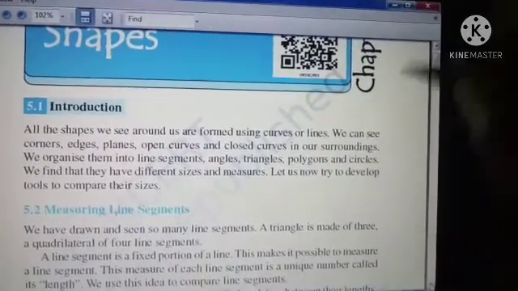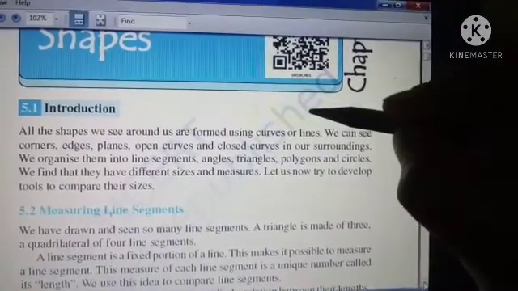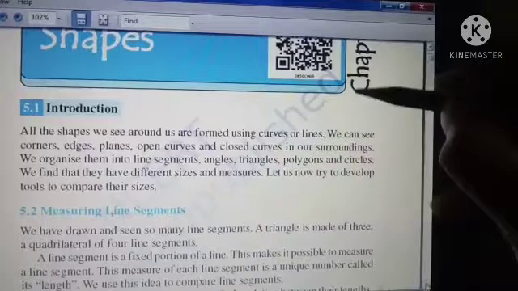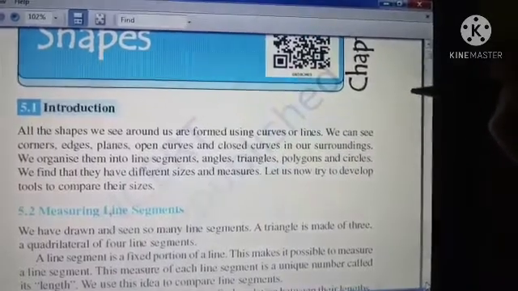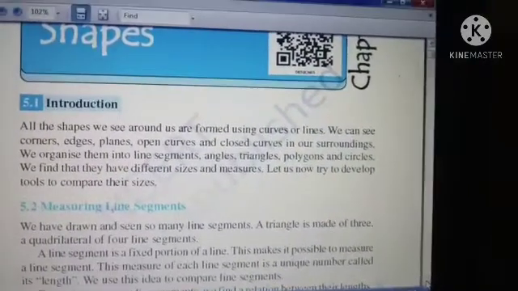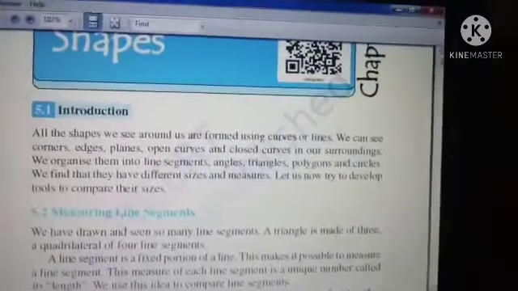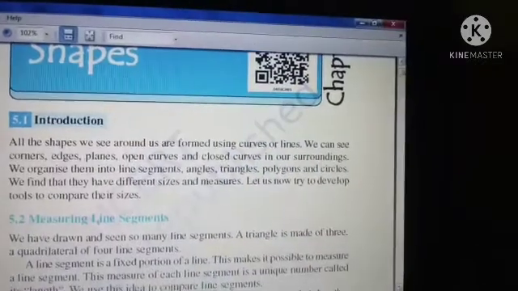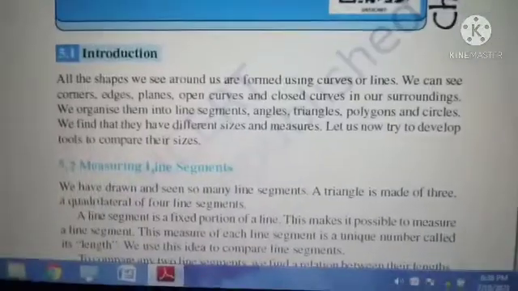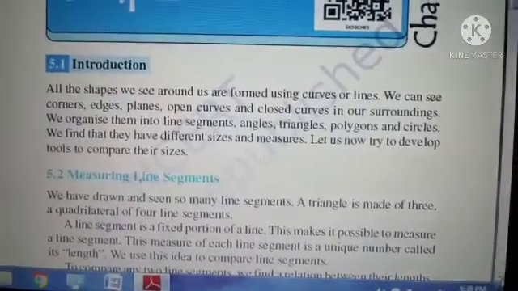Lines means it will be straight. Curves means it will have a starting point and you can draw whatever shape it is and you can end at some other point. So that is your curves or lines. Whatever things we see around us are made up of curves or lines.